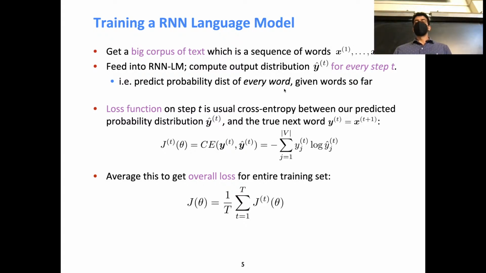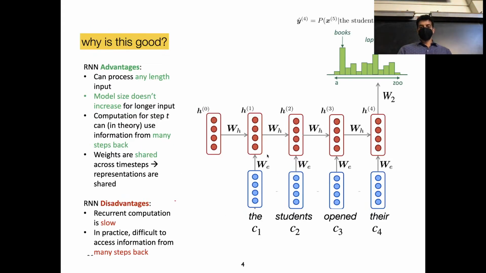With an RNN, and someone asked this last time, if we want to predict the word books for the students open there, it's not like we have a separate training example that has just this prefix, the students open there, and the only use of this is to predict the word books. That would be very inefficient, right?